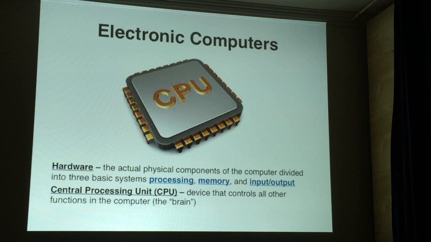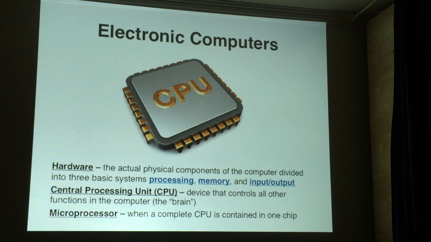In most computers, you have what's known as a central processing unit, or CPU. This is a device that controls all the other functions of the computer. And so it essentially functions as the brains of the computer.